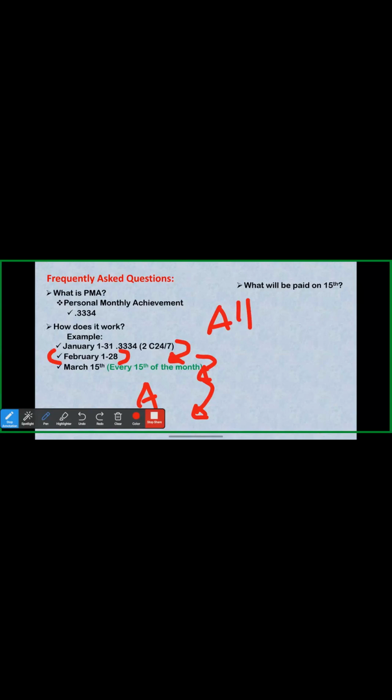So, PMA yenye ulifanya January, you bought these 2 products, you have qualified for the earnings of the month of February. So, February between date 1 to 28, because January ulifanya PMA ya February. So, February, you are entitled to all the ways of earning, including unilevel, stair step, UPP, my rebates, hizo ways zote.